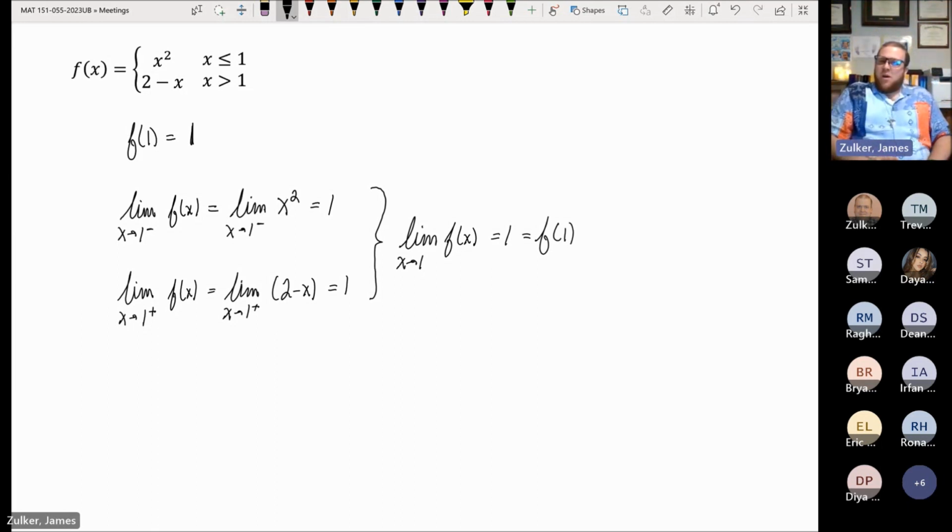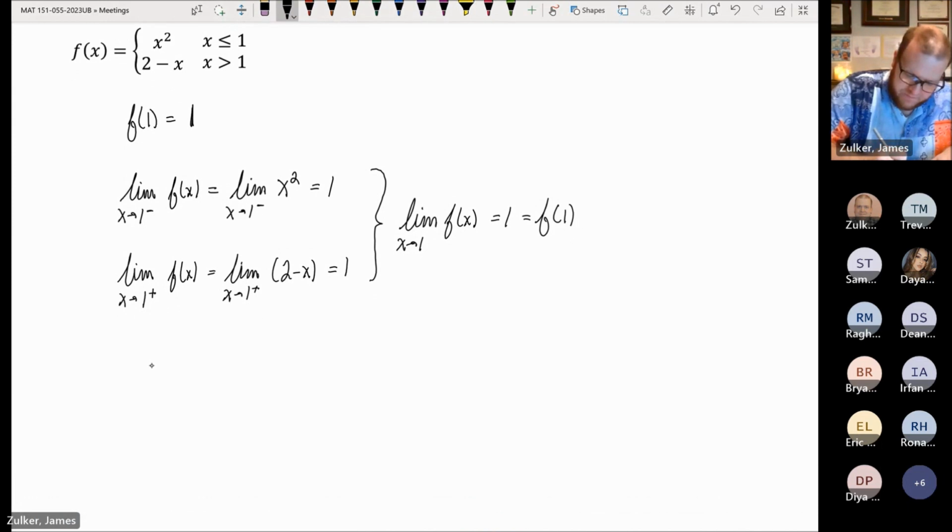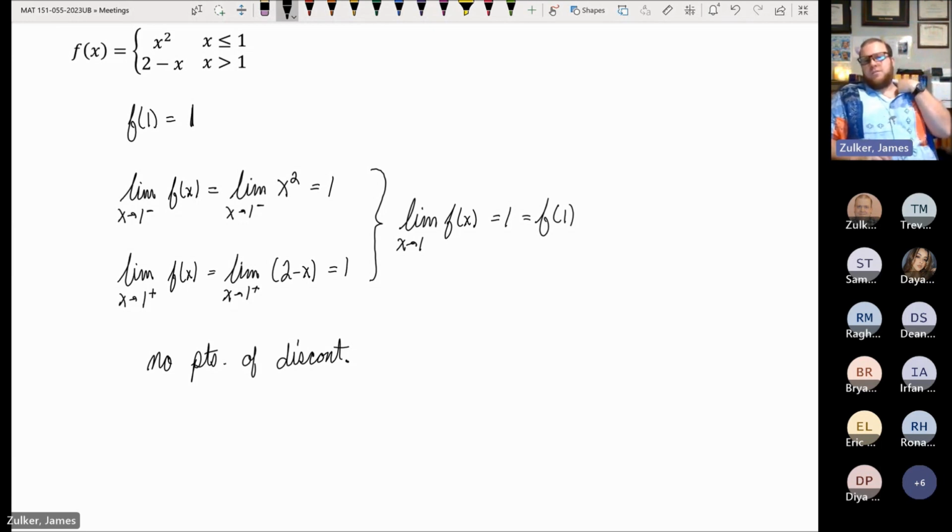We're continuous at 1, which means we're continuous everywhere. So there's no points of discontinuity.